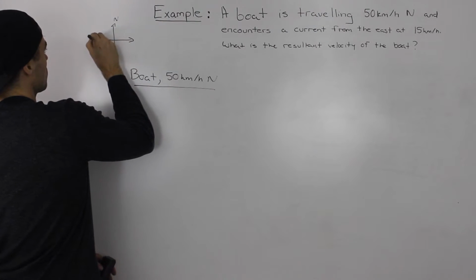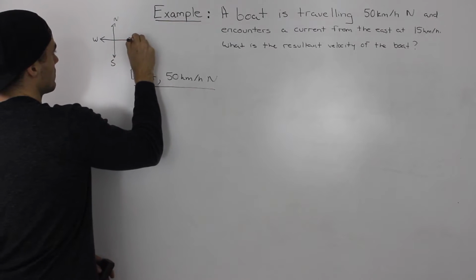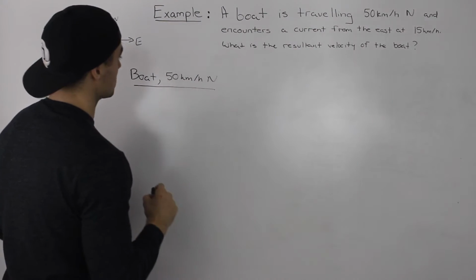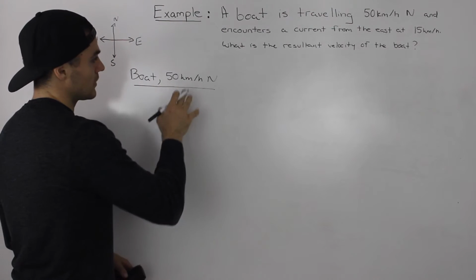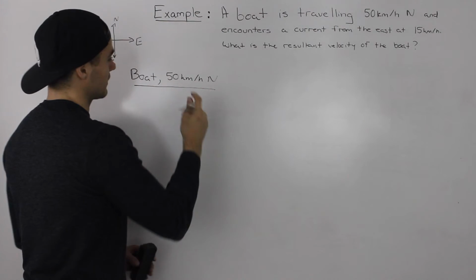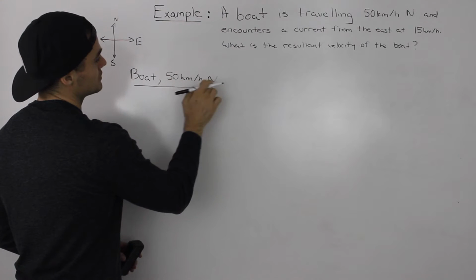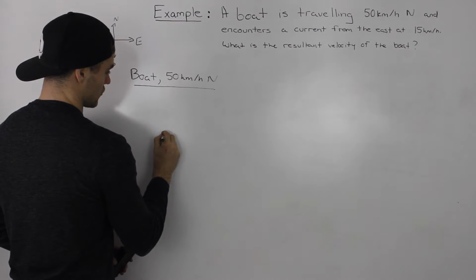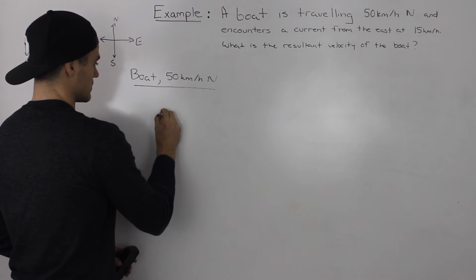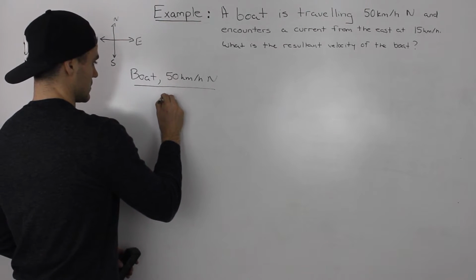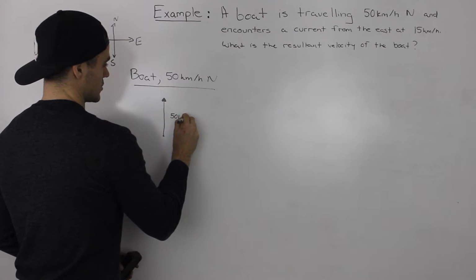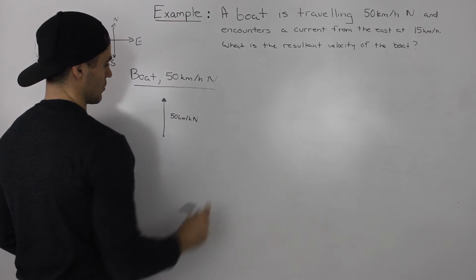So this is north, west, south, east. Notice how this is a velocity, which is a vector, because the 50 is the magnitude and the north is the direction. So we can draw this as 50 kilometers per hour north.